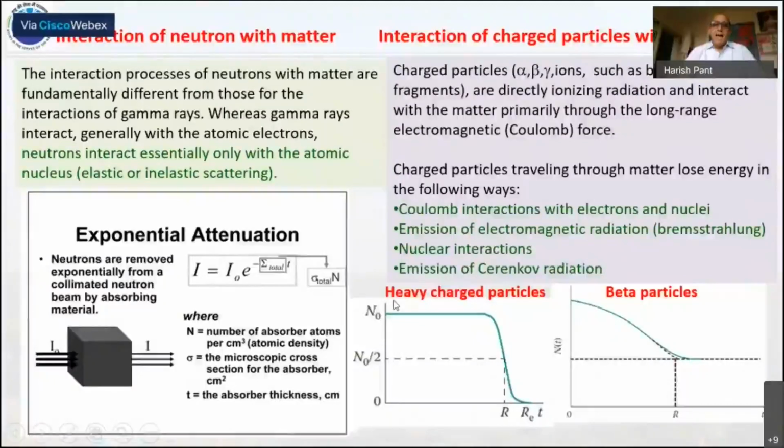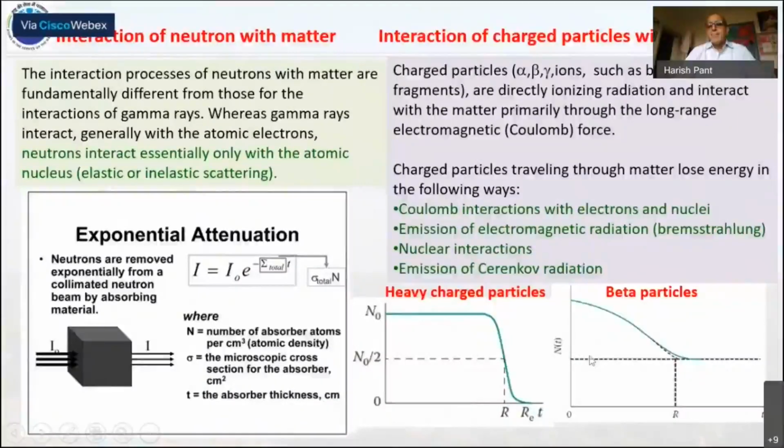You see that these charged particles have a definite range within the absorbent material. The heavy charged particle will have a range like this. They penetrate through the matter like this, and at this point, where N0 is the initial number of charged particles, when it is half of the charged particles, corresponding to that is called the range of these heavy charged particles.